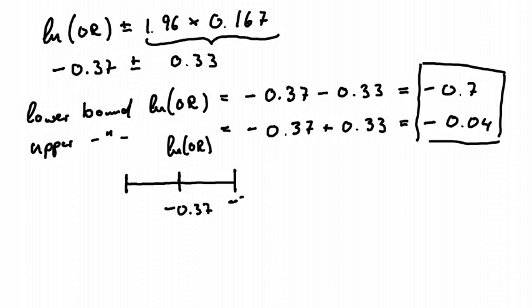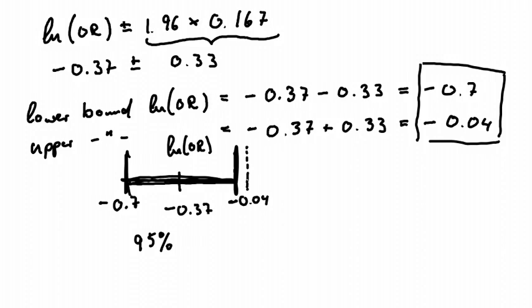Here we have negative 0.04, and here we've got negative 0.7, and we are pretty sure that 95% of all the ln odds ratios that we could calculate for the number of cancer and mutations are in this range here. What we also notice is that 0, which would be probably somewhere here, is not part of this confidence interval.